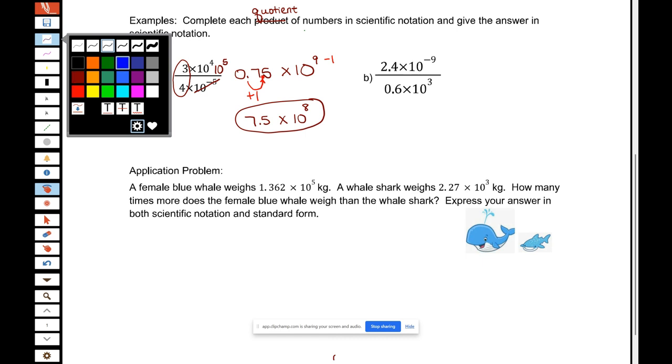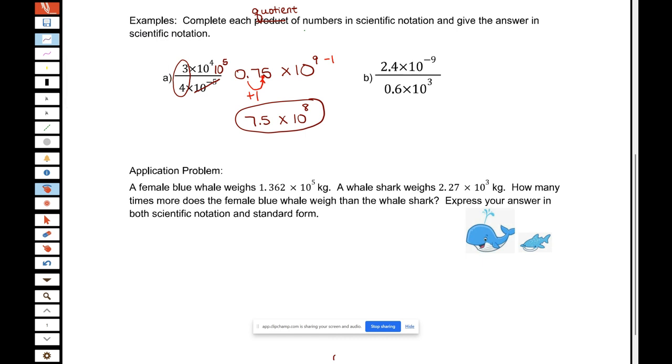Here's another one. 2.4 divided by 0.6 is exactly 4, so we're not going to have to correct on this one. I'm going to bring my power of 10 up so that I can just add them. So it's times 10 to the negative 12. Or if I do negative 9, the top power, minus 3, I still get negative 12.